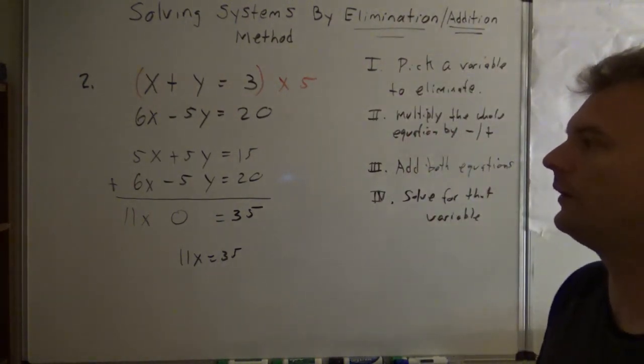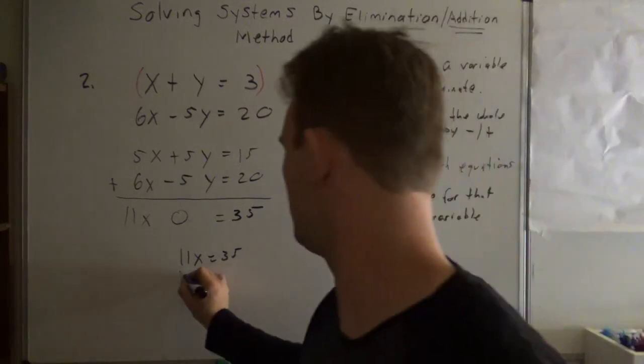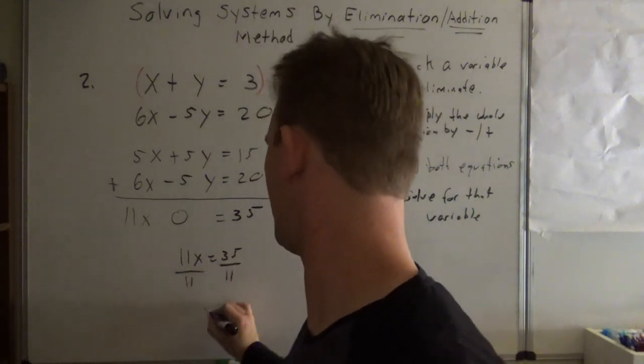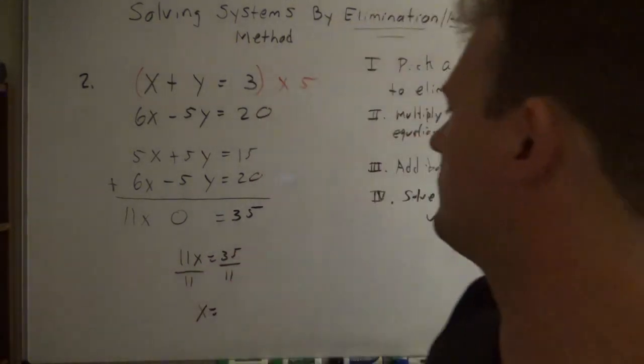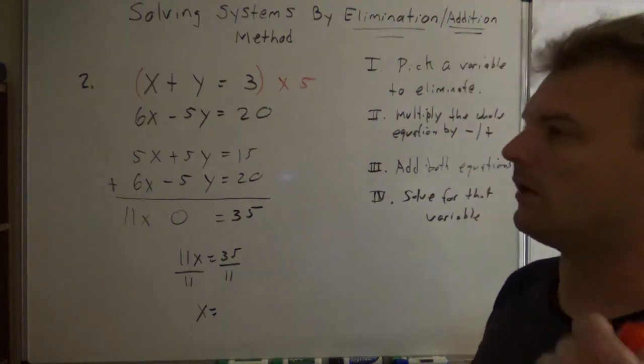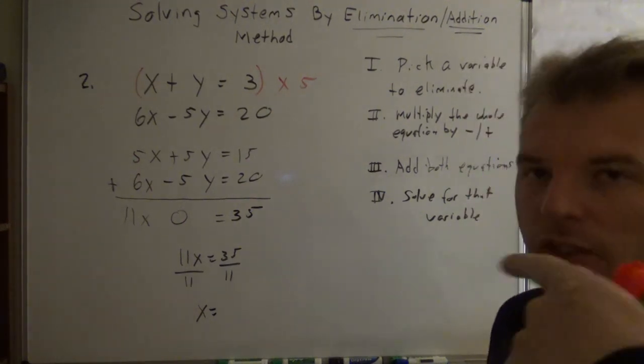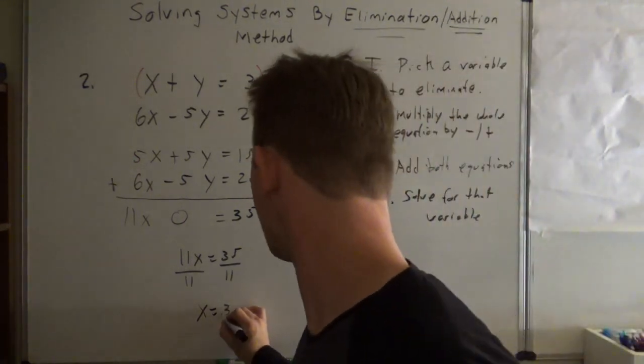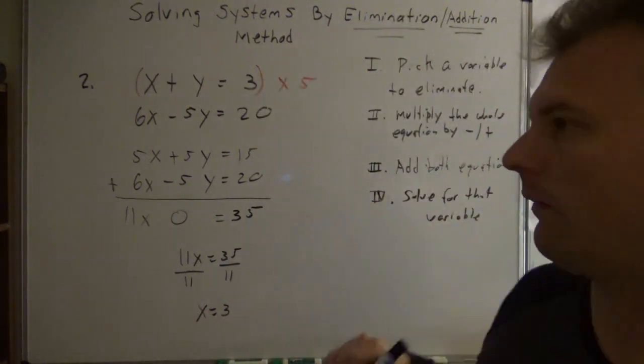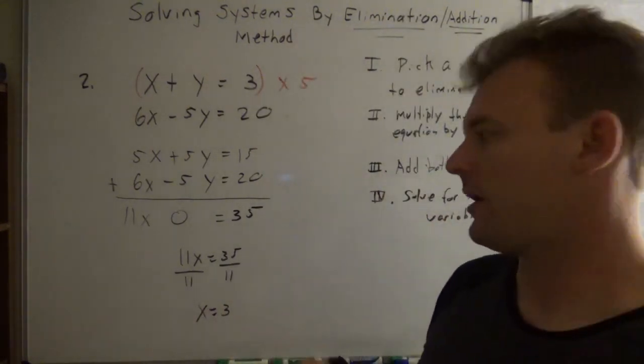So what we're going to do is solve by dividing. x equals 11 goes into 35. Well, 11 times 3 is 33.